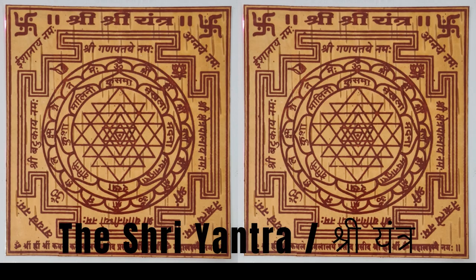Another concept that I would like to talk about, when we are talking about geometry, is the Shri Yantra. That dates back even further. The Shri Yantra finds its origin in the Rig Veda. Shri Yantra is a complex geometrical figure.